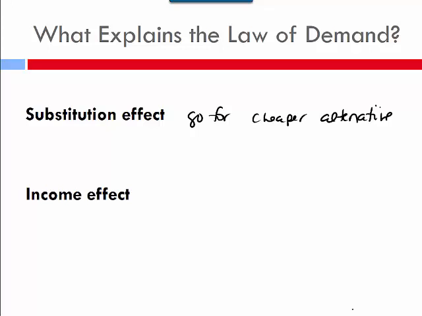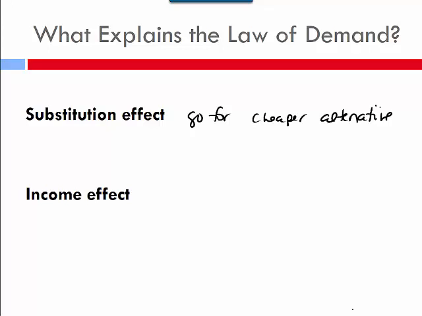If the price of eating out at a restaurant goes up, you might switch to cheaper restaurants. And if the price of your product goes up, you're the seller now, some people are going to switch to cheaper alternatives because they are no longer willing and able to purchase that specific thing.